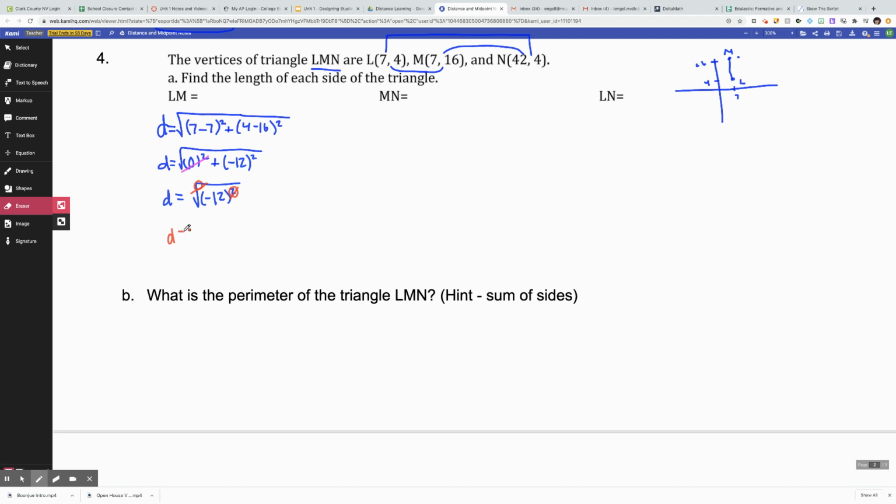So you don't really even have to do any squaring here, like squaring and then taking the square root, because you're just going to end up getting a larger number and then getting the same smaller number that you started with. But notice that this is negative inside here. So the reason we have the squared and the square root is to get rid of that negative sign. So when you put your answer in, you just have to make sure that you get rid of the negative sign. So the distance for LM is 12. All right.